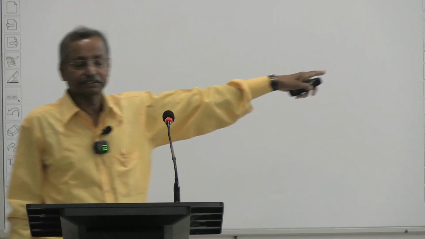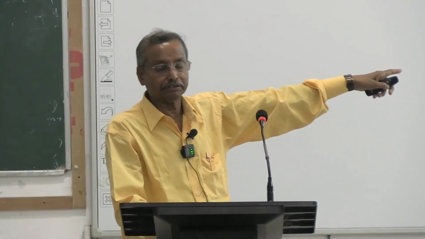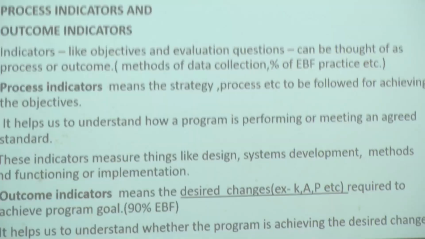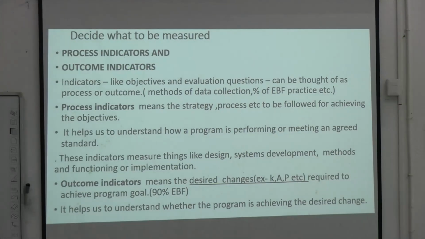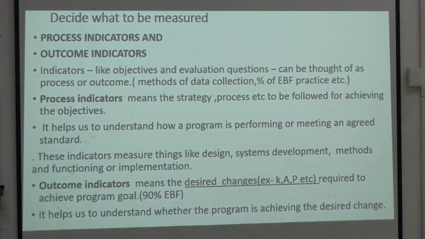Why it is required? It helps us see how a program is performing or meeting an agreed standard, that means achieving the goal or not. These indicators mean things like design of the evaluation program, system development, methods, procedures, and functioning of the system or implementations.